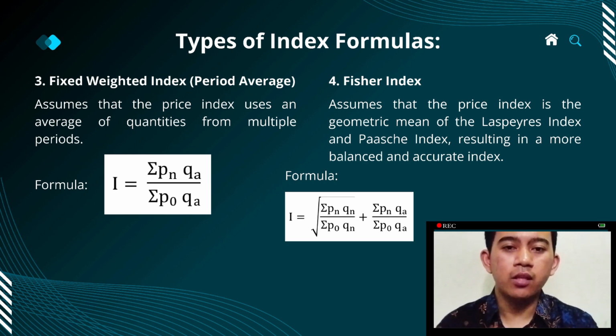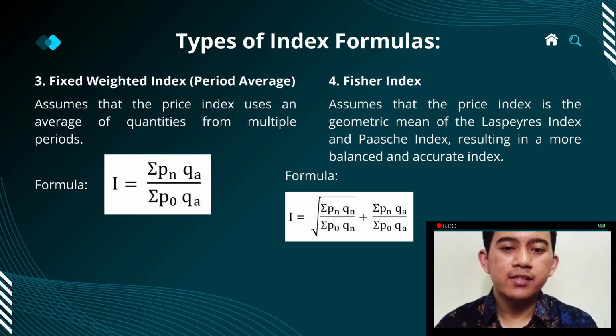The most ideal method now is the Fisher index. This index is the geometric average of the Laspeyres index and the Paasche index. The formula used can be seen on the screen in the PPT. The Fisher index attempts to overcome the weakness of each of the previous methods by combining the advantages of Laspeyres and Paasche.